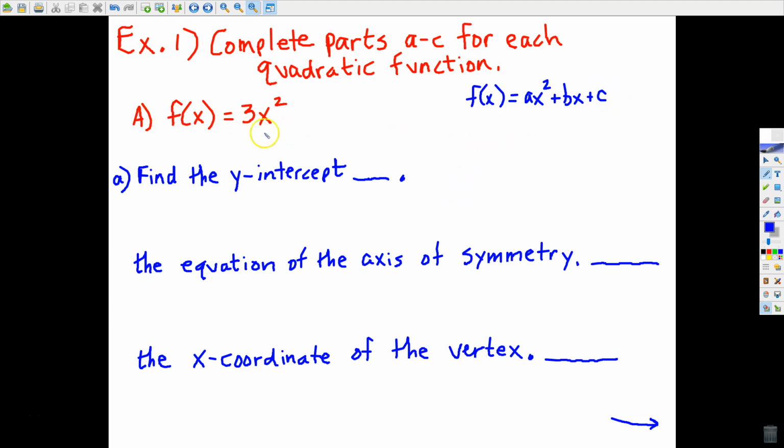So this first function that we're given, and we've got several things to answer regarding this function, eventually leading up to a graph. If you compare this first function to what I've shown you as standard form, notice that the b number identifying the coefficient of this linear term is actually 0, because when b is 0, 0 times x is 0.